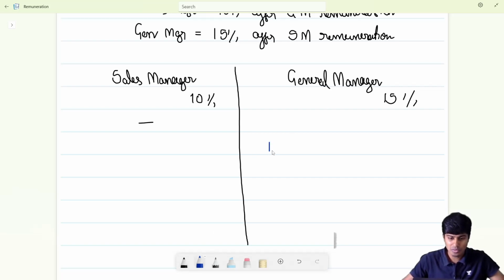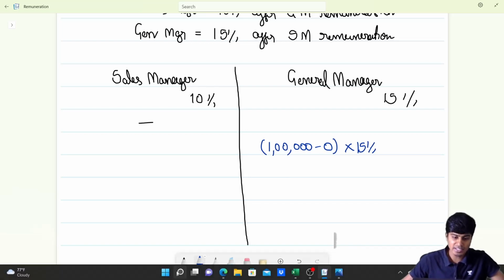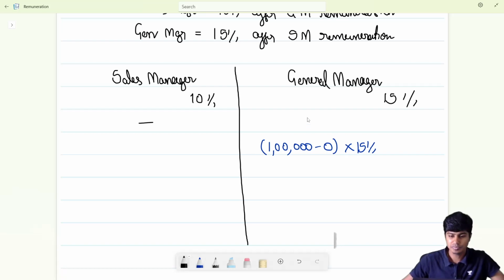I'm going to do 1 lakh minus my sales manager's remuneration of 0, multiplied by 15%. If I do that, I'll get the answer as 15,000. Correct? So, if my general manager's remuneration is 15,000, how much will my sales manager's remuneration be?